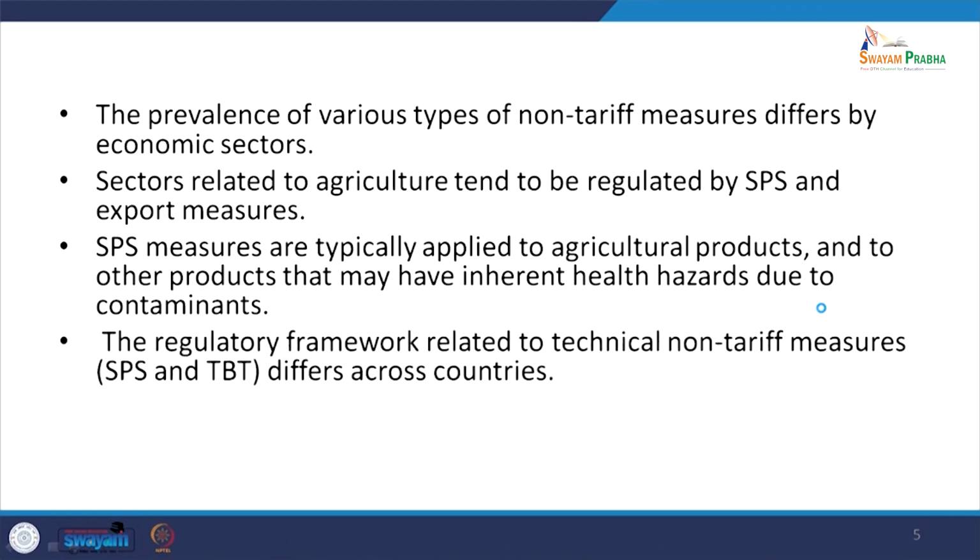The regulatory framework relating to NTMs, especially SPS and TBT, differs across countries as we mentioned earlier, and is very pervasive in the European Union, China, Australia, and less used in low income countries. Now, let us count down the prevalence of those measures.